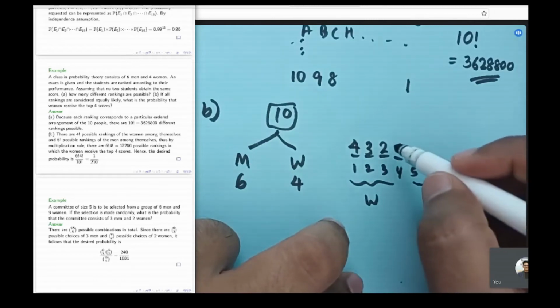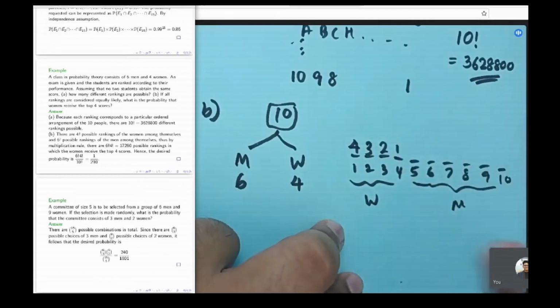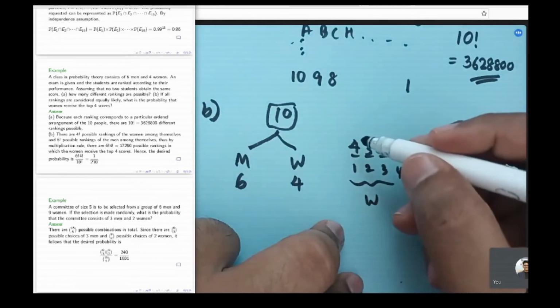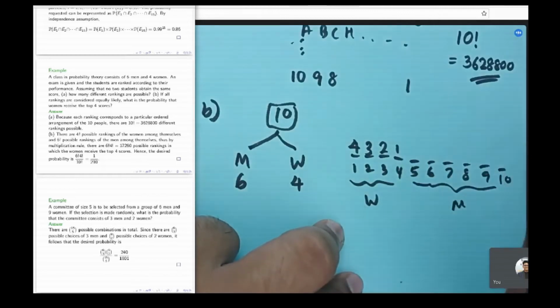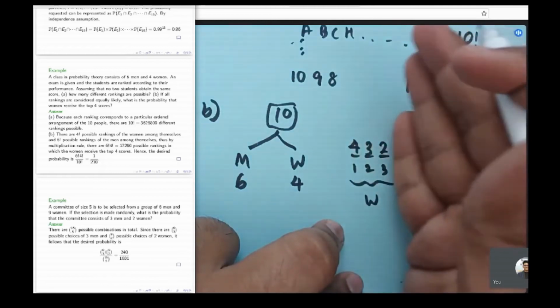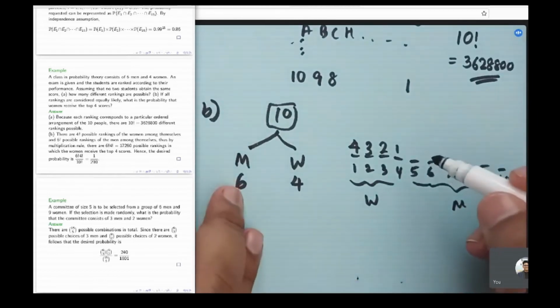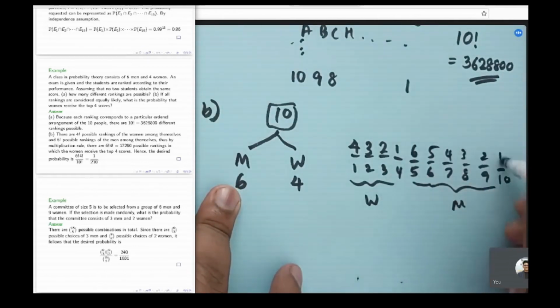Within this first 4, there can be multiple variations, because you have 4 possible options, 3, 2, and 1. The 4 ladies can have different positions, but all of them will be at the top. Then if you look at the remaining 6 positions, you have men to fill: 6, 5, 4, 3, 2, 1.